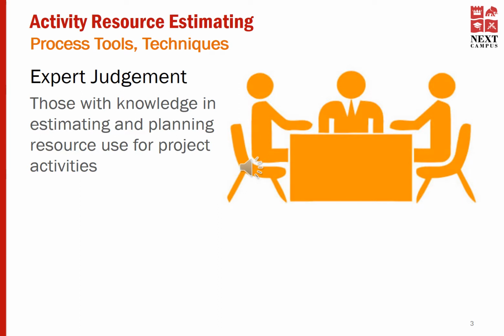Now let's have a look at the process tools and techniques. Expert judgment. Expert judgment is a technique that is used to gather information in terms of resource activity planning. In order to plan the resources required for a given project, it's worthwhile to have a set of discussions with the experts for the given domain, given subject matter area.